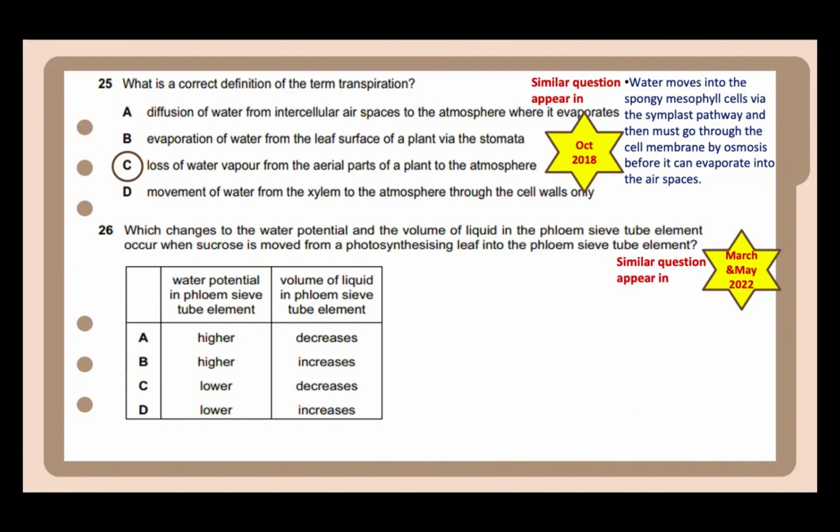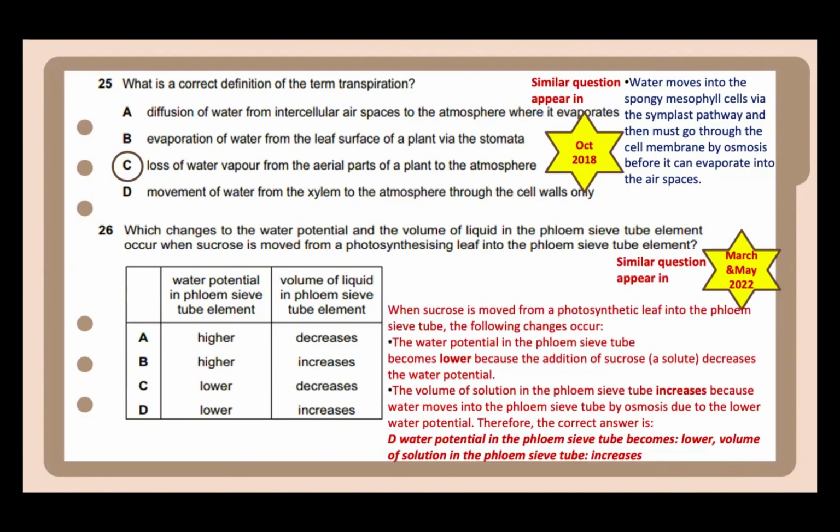Question number 6 is also a similar question appeared in March and May 2022. Which changes to the water potential and the volume of liquid in the phloem sieve tube element occur when sucrose is moved from a photosynthesizing leaf into the phloem sieve tube element?